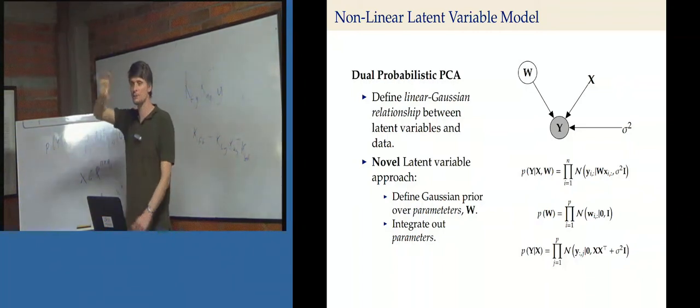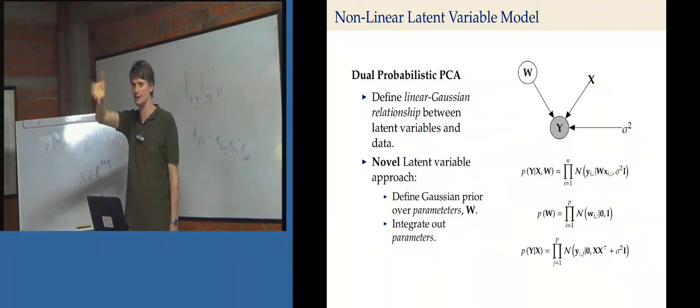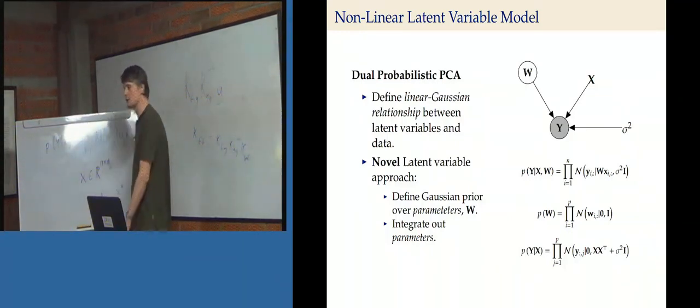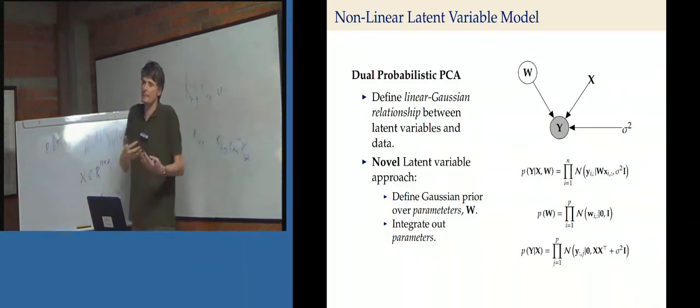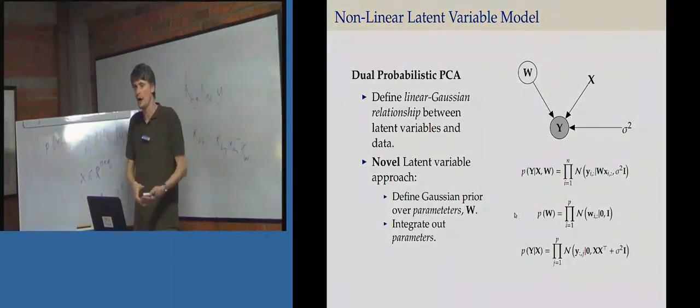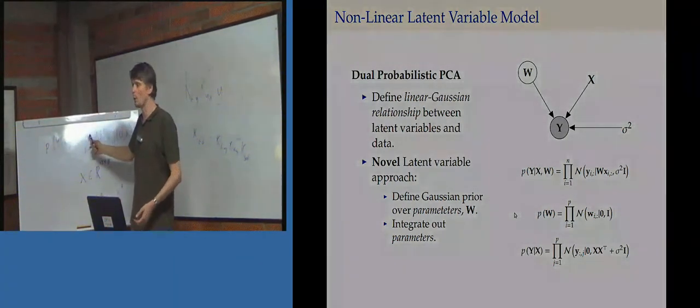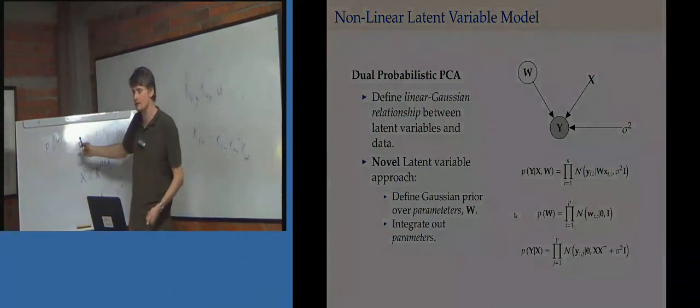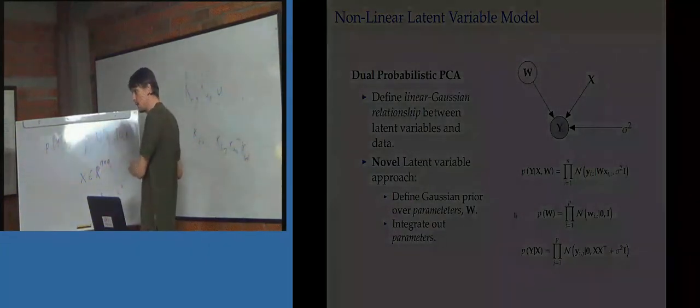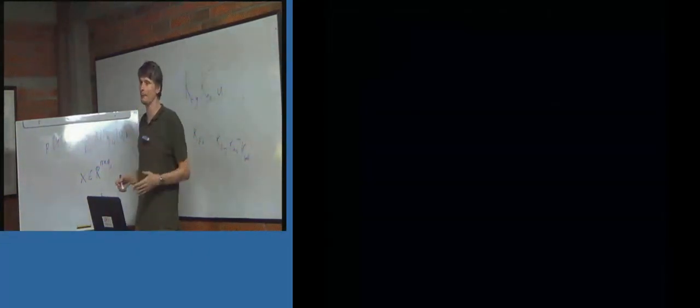Remember that transposition I showed you in the latent variable model earlier, that we're turning everything on its side. We're now assuming independence across the features. And these lessons about parameters being well determined or not are really only based on what your independence assumption is. If your independence assumption is across features, then you have a large n small p problem.